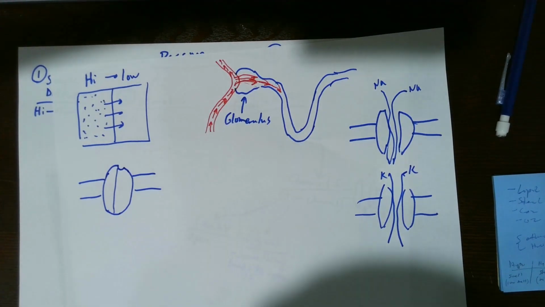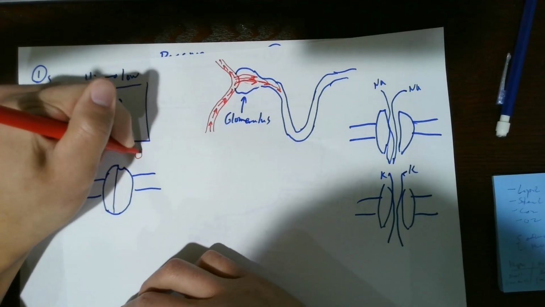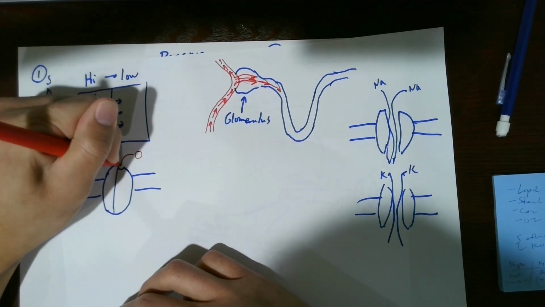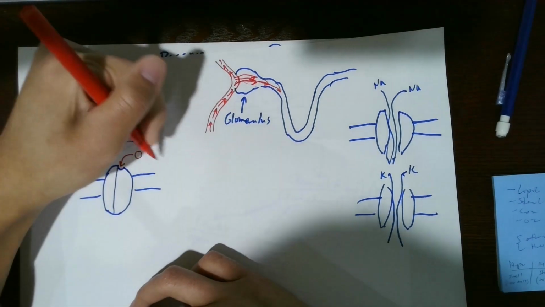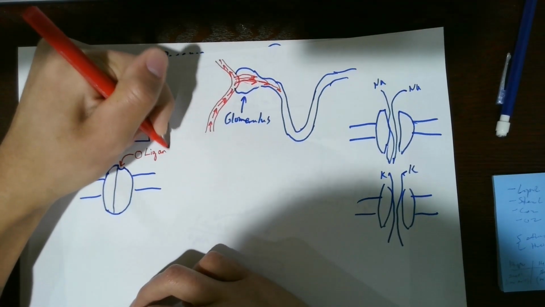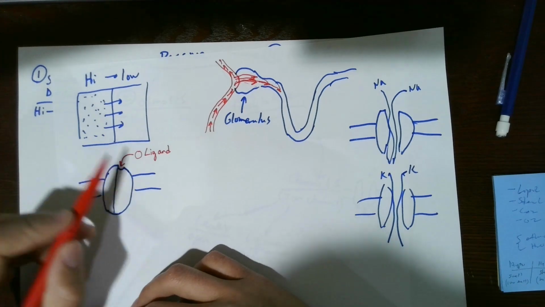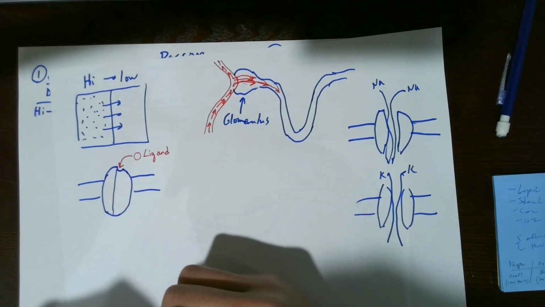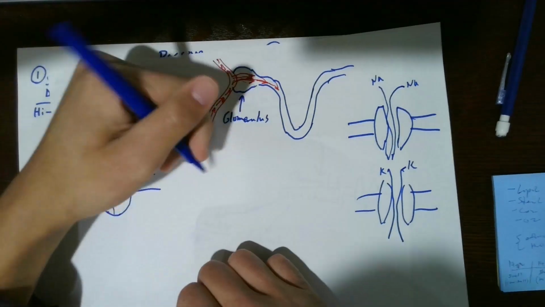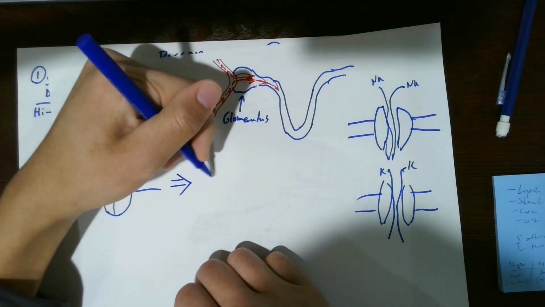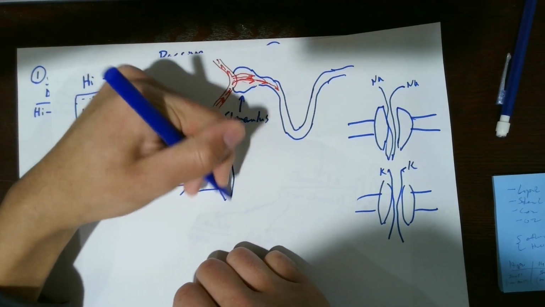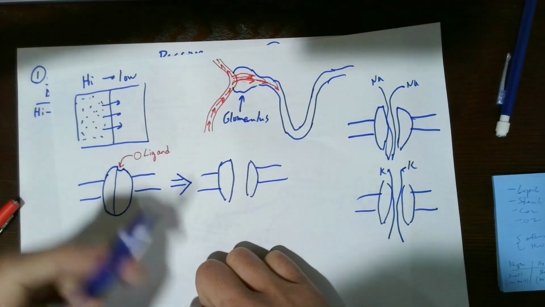But then when you get something that comes in that binds to the channel, this is called a ligand. It's a signaling molecule. When the ligand binds to the ligand channel, after it binds, it's going to open up. So we opened it up.